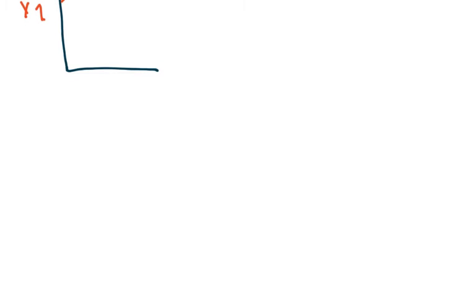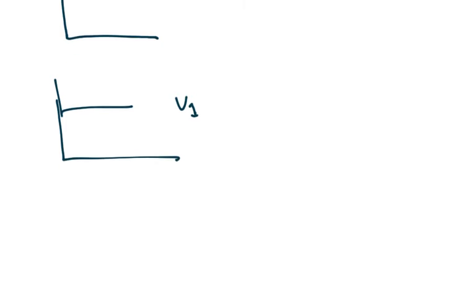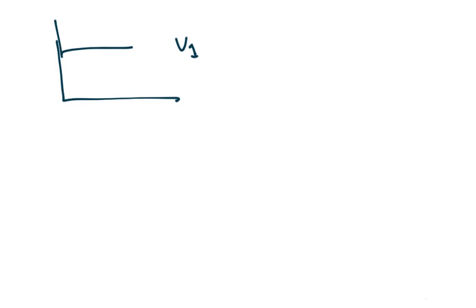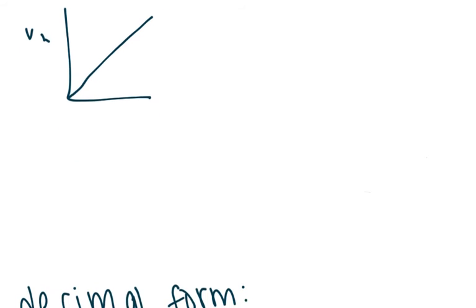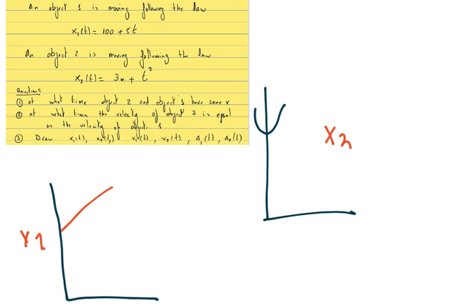For velocity 1, v1, our graph would look a little something like this. This is v1. For v2, our graph would look a little something like this, and that would be v2. And then for acceleration, our graph would look something like this. And that is the answer for question 1.